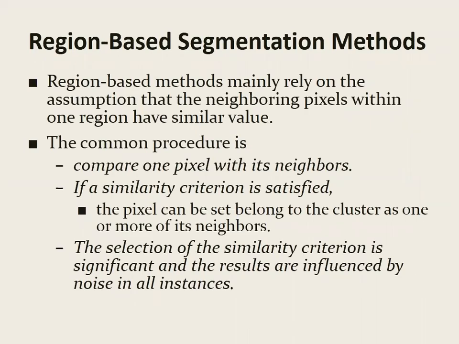But in region-based segmentation, the major steps taken are that it is trying to compare pixel by pixel. It tries to bring together all those pixels similar to each other or near to each other.